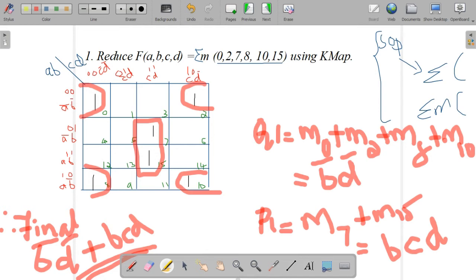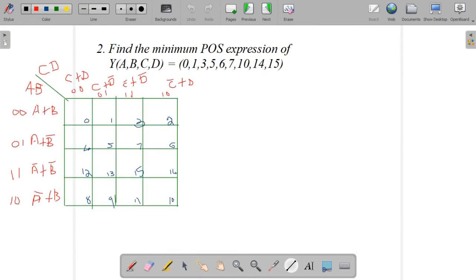So the next one, the second one: find the minimum POS expression of y of A B C D equal to, here pi is there, I forgot to write it. This is pi of 0, 1, 3, 5, 7, 6. You know the pi symbol indicates the POS expression, and in the question itself they have given POS expression also.